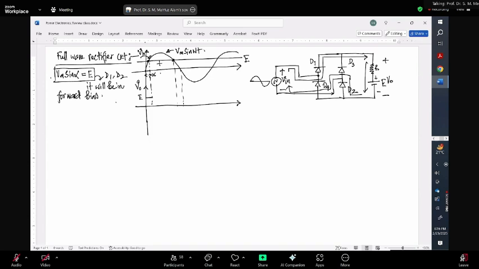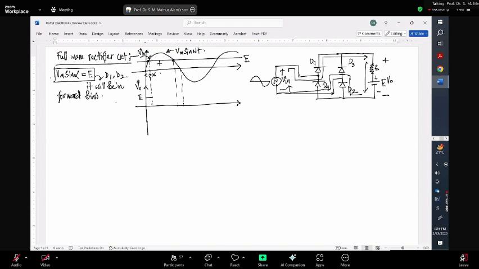And then as soon as your input voltage becomes higher than your battery voltage, then diodes D1 and D2 will be operating. And as soon as D1 and D2 are operating, this path will look like a short circuit. So D1 and D2 will be short circuited.